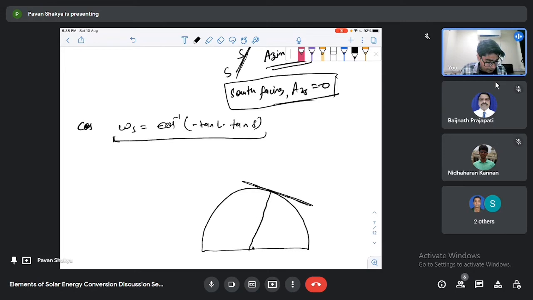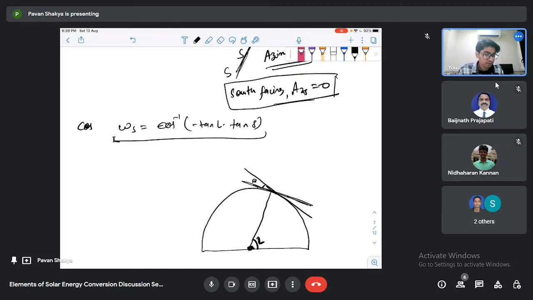If we connect it with the center of the earth, it will be the latitude of this location. Now suppose this is any plane that is tilted with the horizontal at the angle beta.